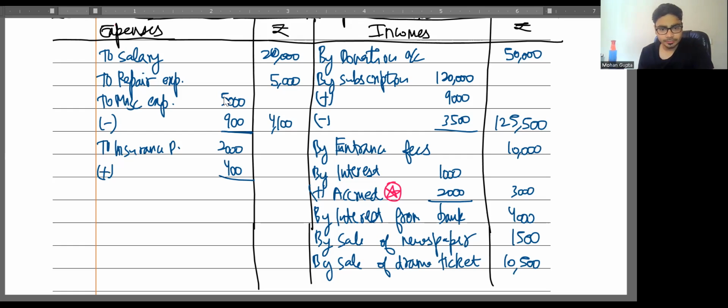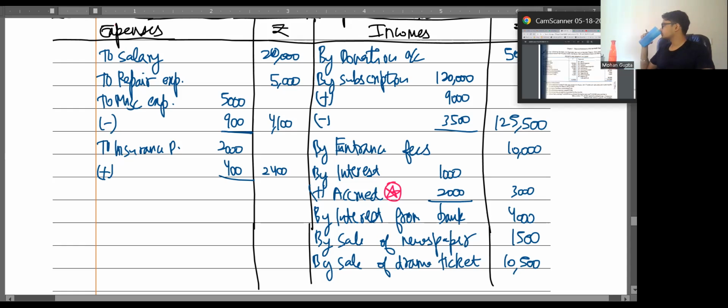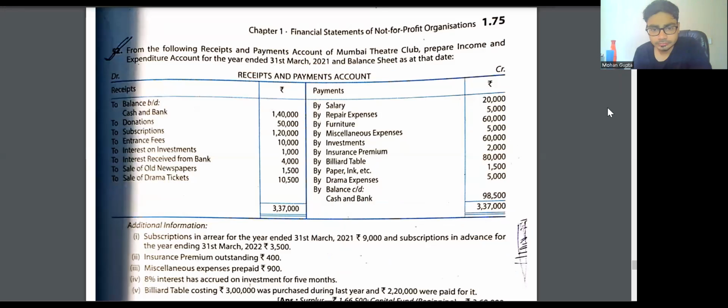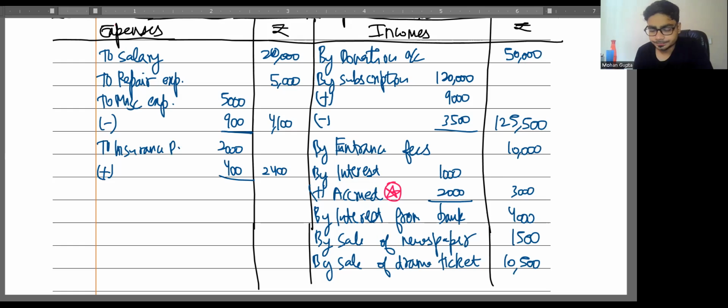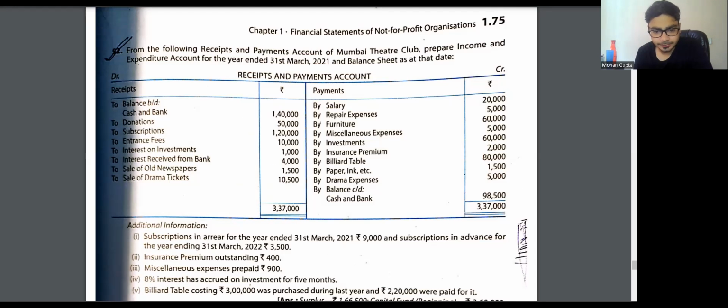Next, to insurance. How much is insurance premium? 2,000 plus outstanding 400, so 2,400. Then we have billiards table, but it is an asset, so it goes to the balance sheet. We will ignore that.